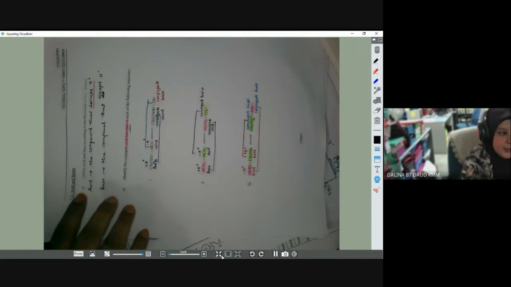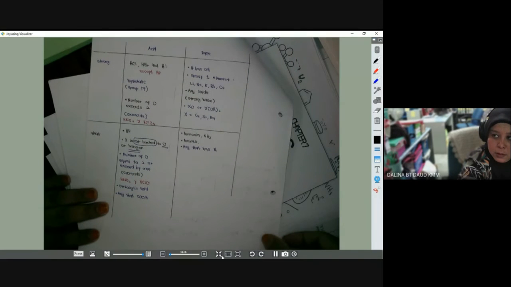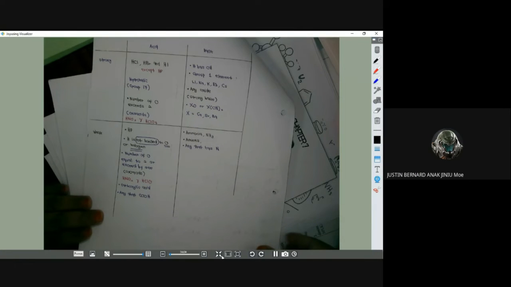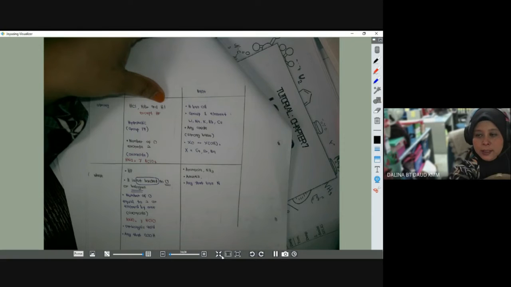Okay, done. Yang ini saya dah explain kan? Ke belum? Najwa Balkis? Saya dah explain belum yang ni? Belum, Miss. Okay. Salin dulu dah? Dah tersalin.